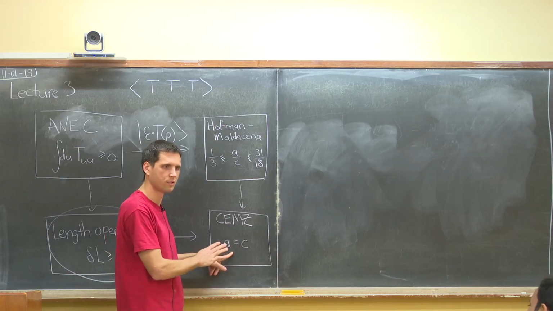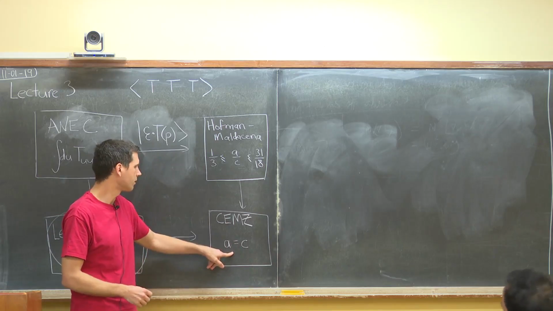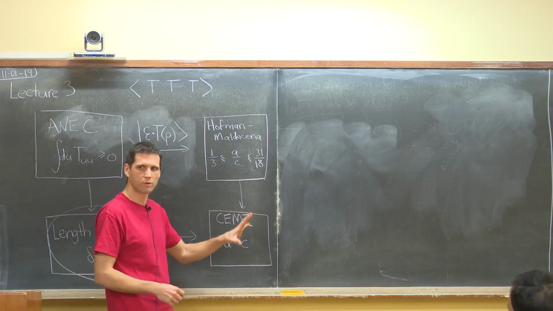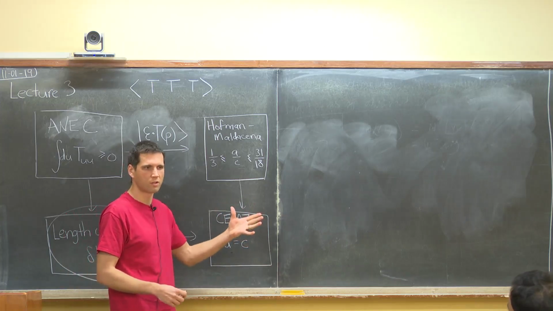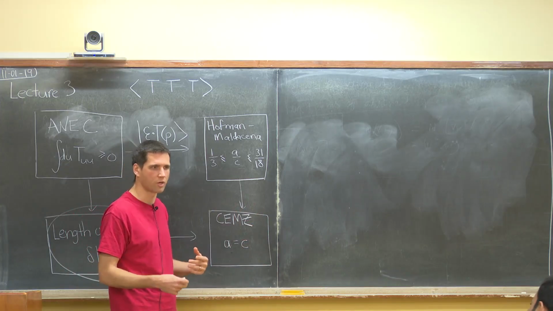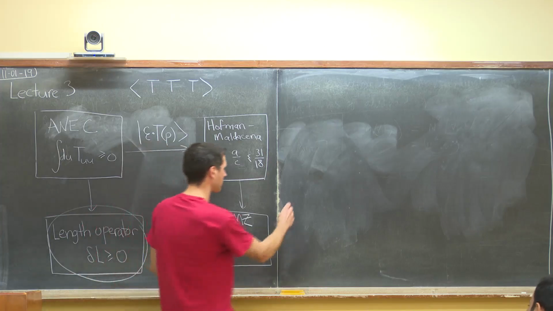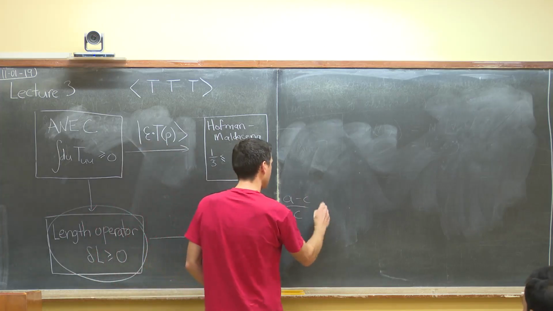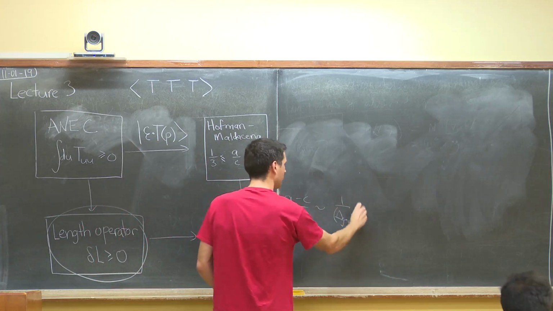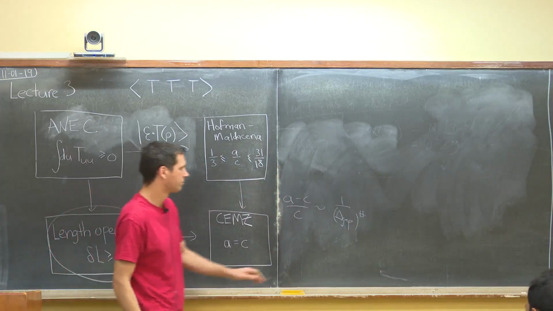In CFT language, what we're going to prove is that A is equal to C up to corrections which are suppressed by the gap to higher dimension operators. The real statement is that A minus C over C goes as 1 over delta gap to some power, which I don't remember, some known power.